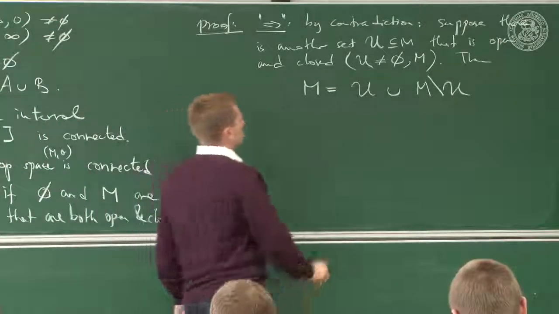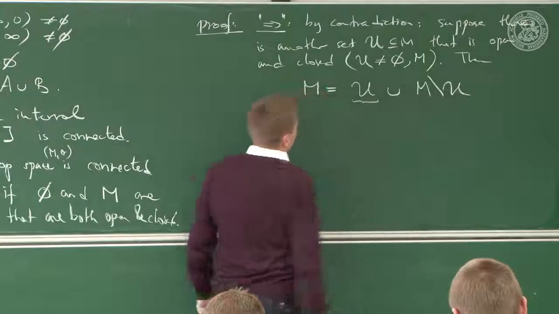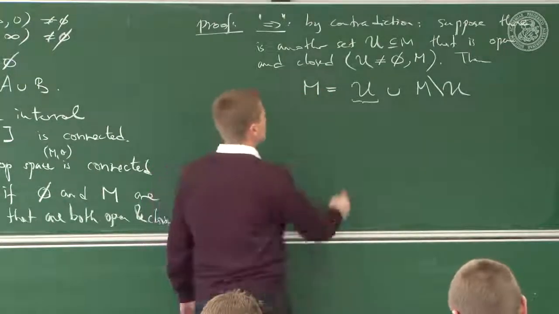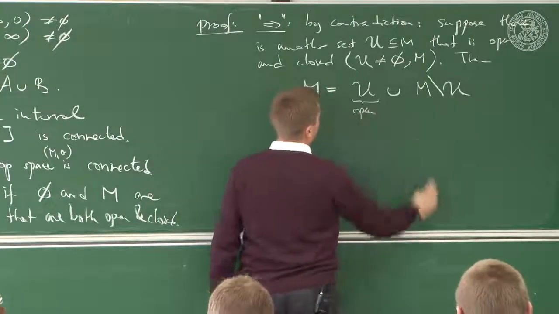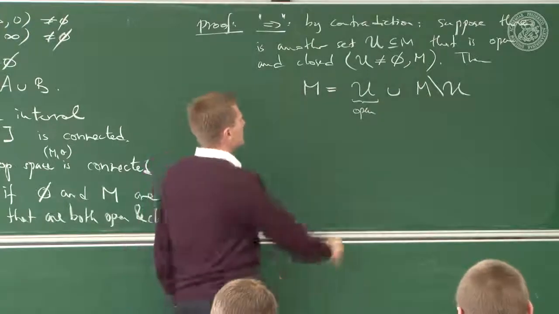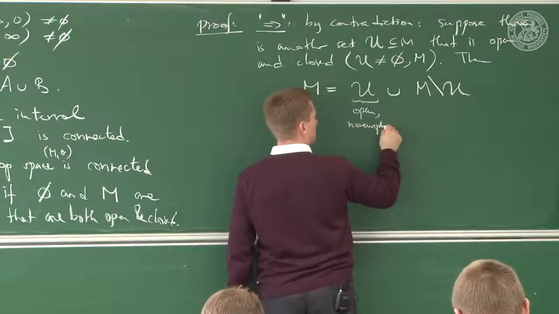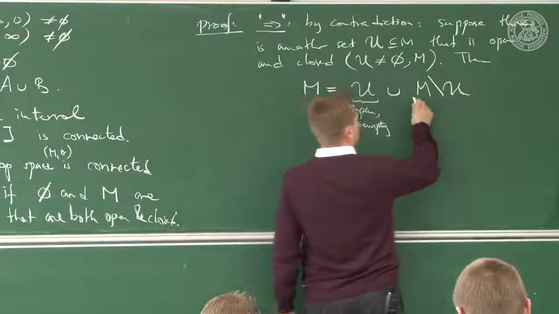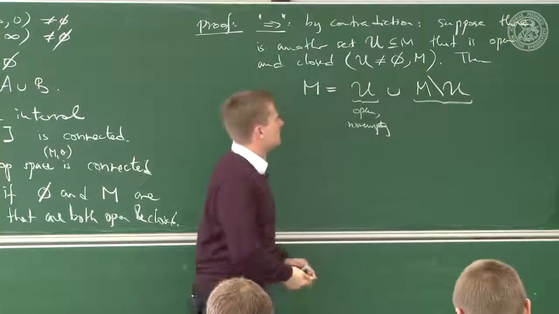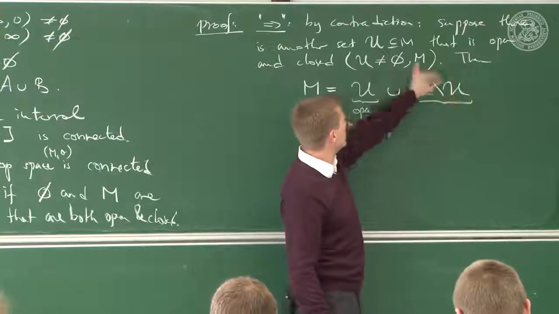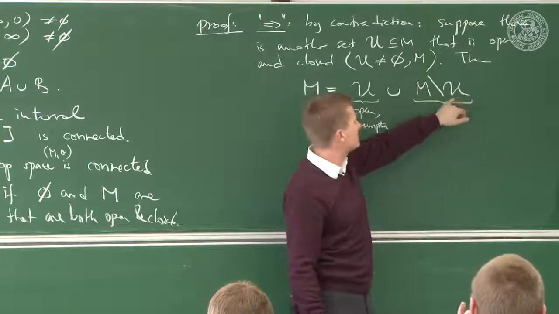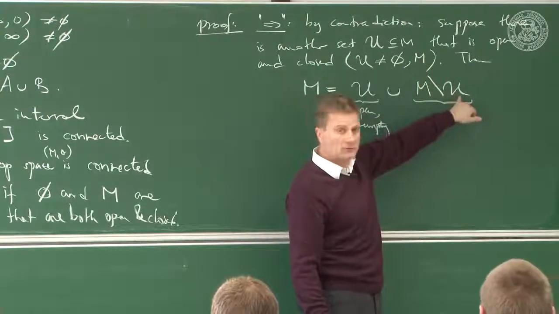But now the interesting part here is U is open by assumption. It's also non-empty by assumption. Now this set, M without U: U is open, so M without U is closed. But U is also closed.